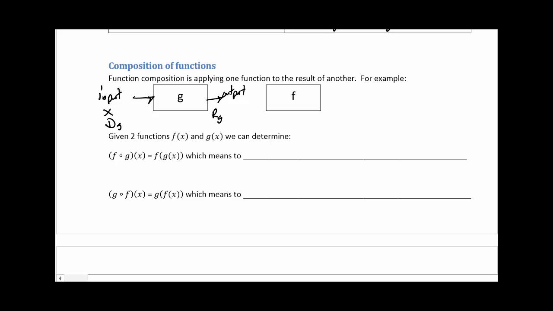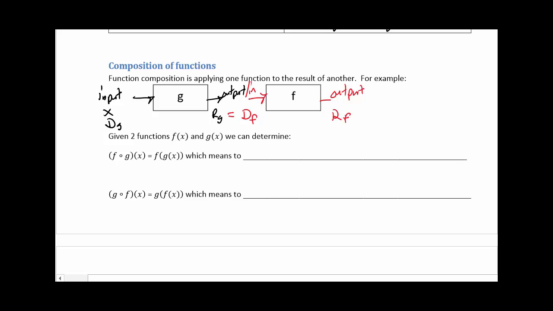Okay, now let's say once we've done that, we then insert the output into f. So now f's domain happens to be the same as the range of g, and this is now the input, and then we get out something from f, because f does something, and that's the range of f.